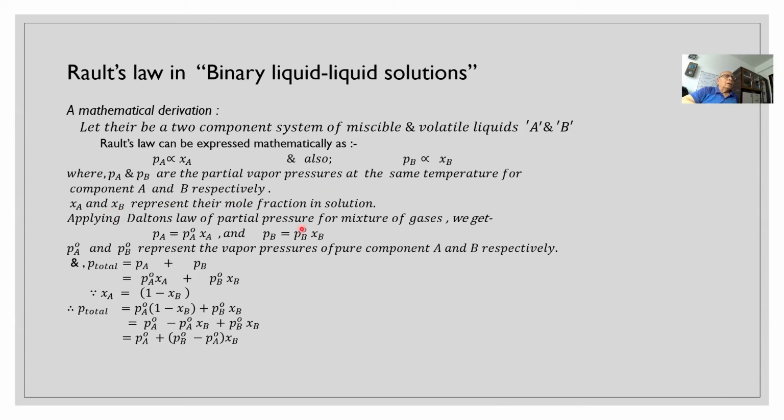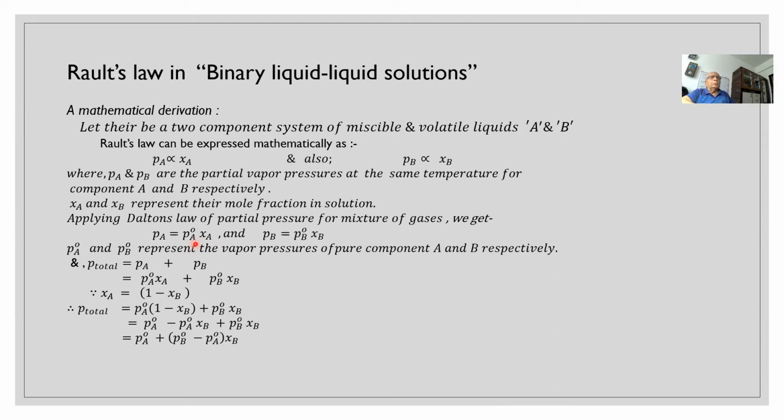Here we can apply Dalton's law of partial pressure. Since there is a proportionality, we can use a constant and equalize. What is that constant? This constant is the vapor pressure of the pure liquid A, component A in the pure state.